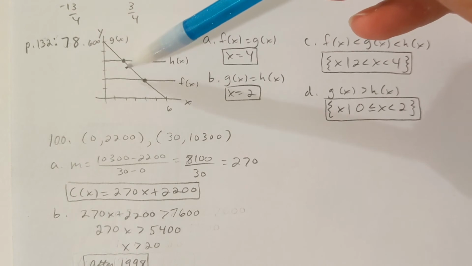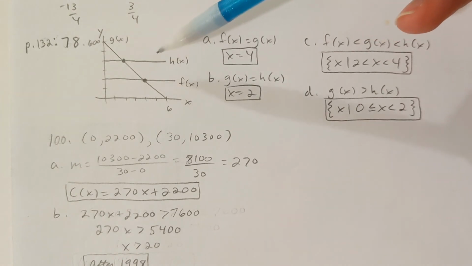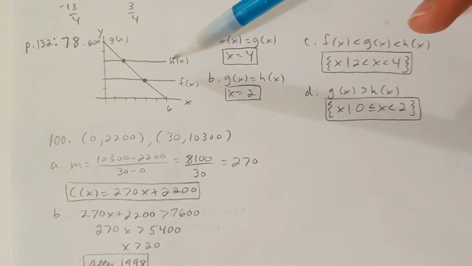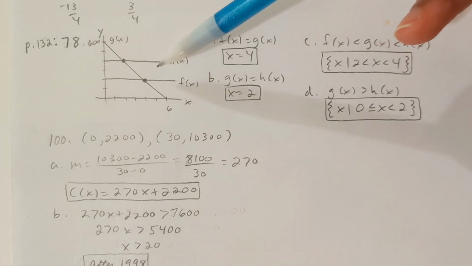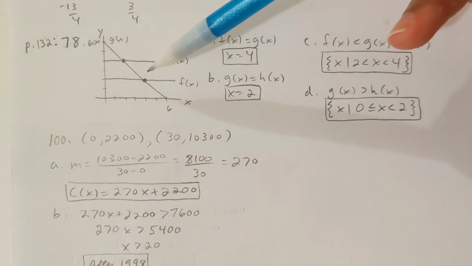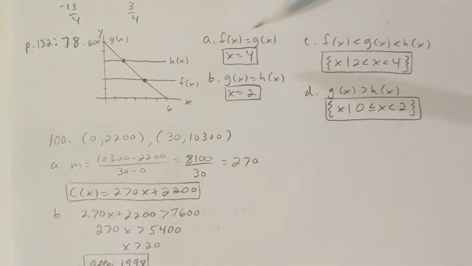Keep in mind that f and g right here meet at x = 4. Now I don't have things written out for f and g. That's okay. I don't need them. I know that I'd be solving for x. That's why every one of these answers is in terms of x.